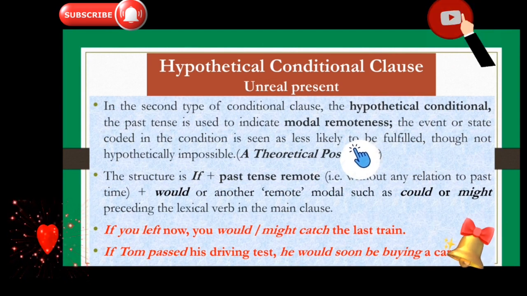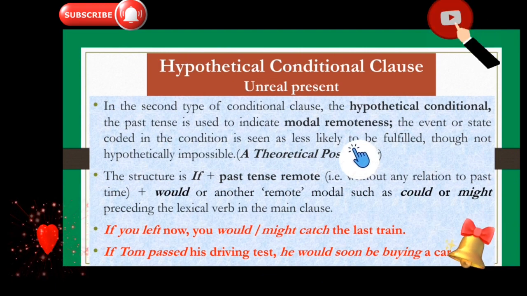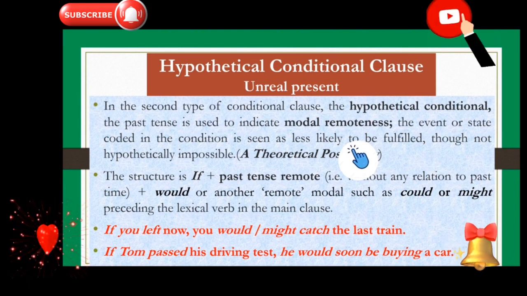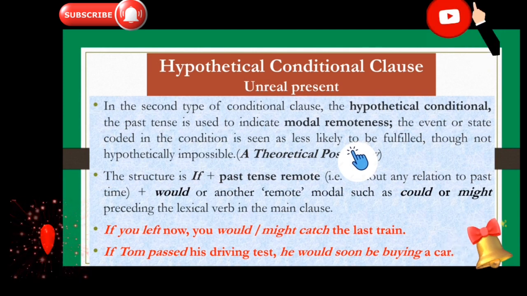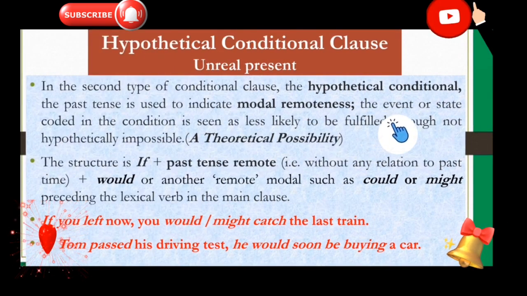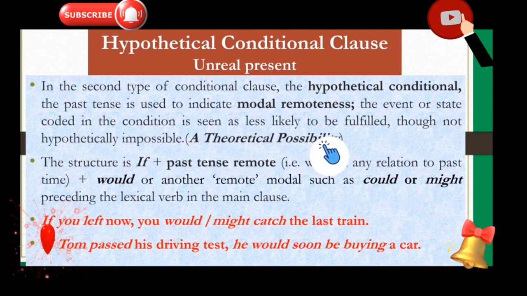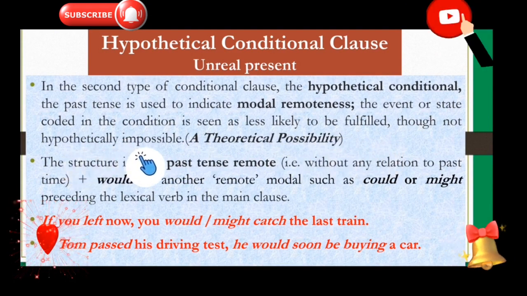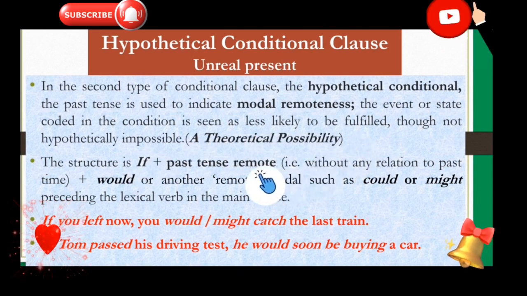But it doesn't mean that it is impossible. Possibilities are there, but there are fewer chances of such possibilities. The event or state coded in the condition is seen as less likely to be fulfilled, though not hypothetically impossible. So something is not impossible, but it is less likely to be fulfilled or to happen.